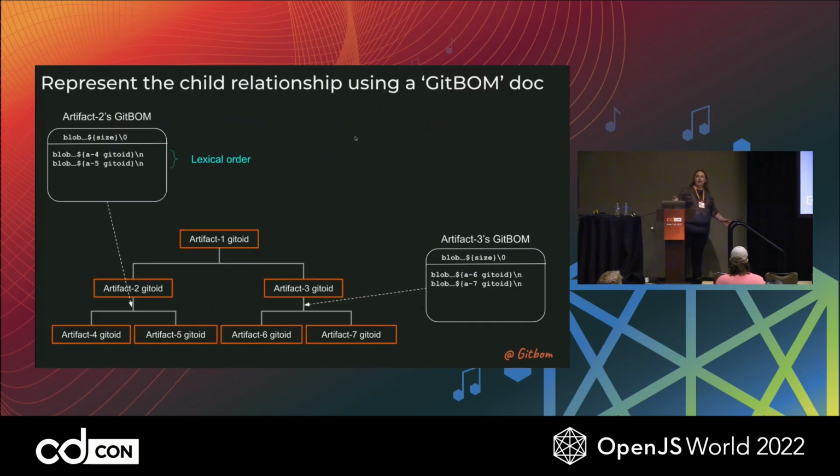And then the next logical question is, how do you represent the structure of the tree? If I've identified all the nodes in the tree, how do I identify the relationships? And GitBOM has a very simple answer.